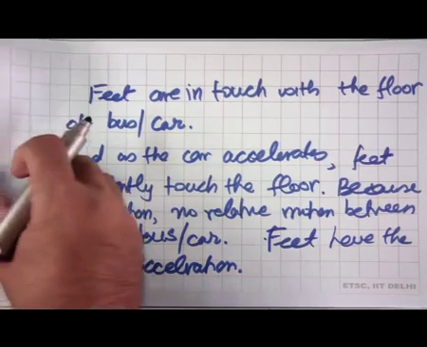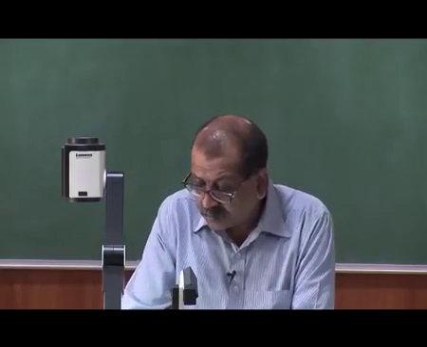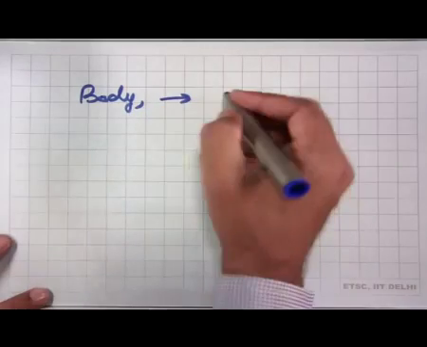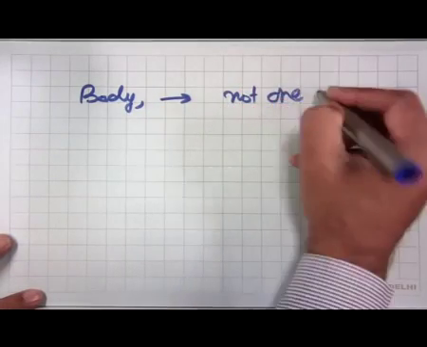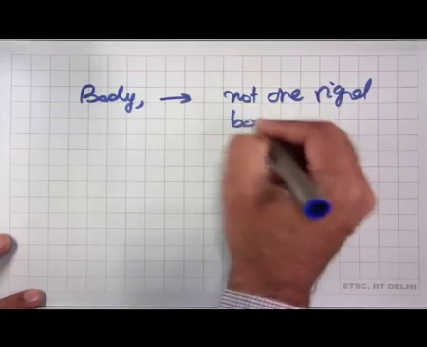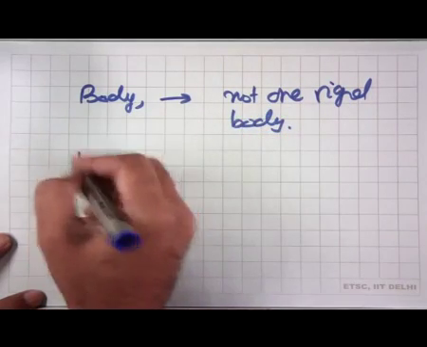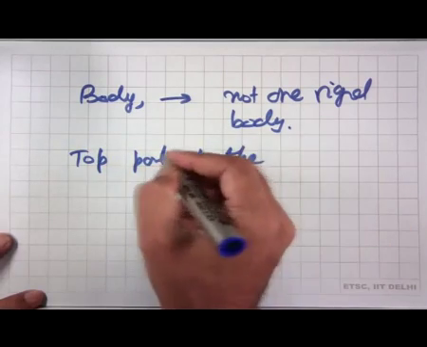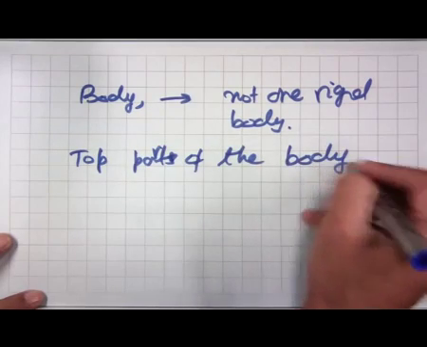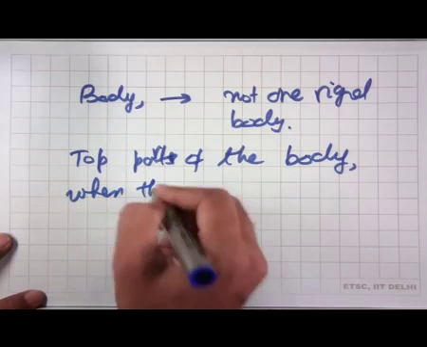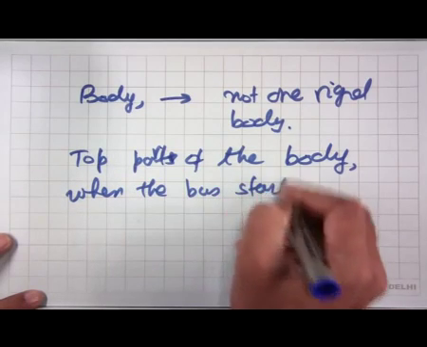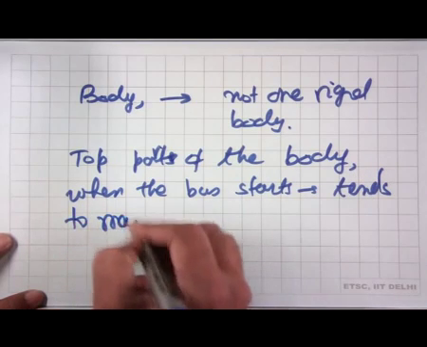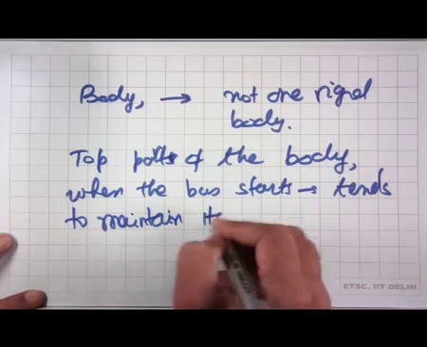But when we look at the human body, the human body is not one single rigid body, and the top part of the body, when the bus starts, tends to maintain its state of rest.